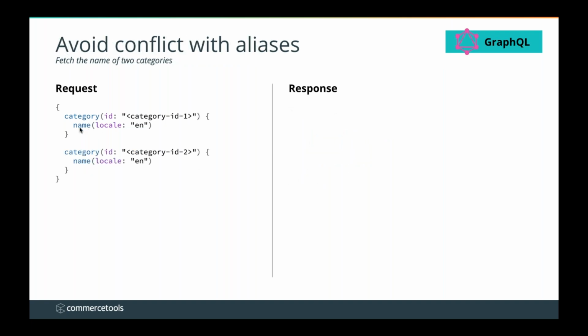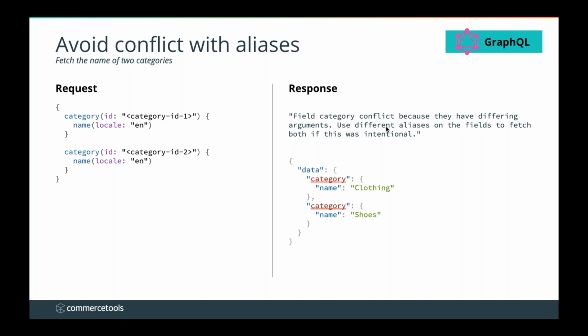You can also query the same field, like getting the name of category 1 and getting the name of category 2. But if you try this, it's going to tell you this error. It's going to tell you that you're using the same field for different values. So when it returns, it will say like, okay, I have category, and these are the names, but I cannot tell you which one is category 1 and which one is category 2, because in GraphQL, the key should be unique.